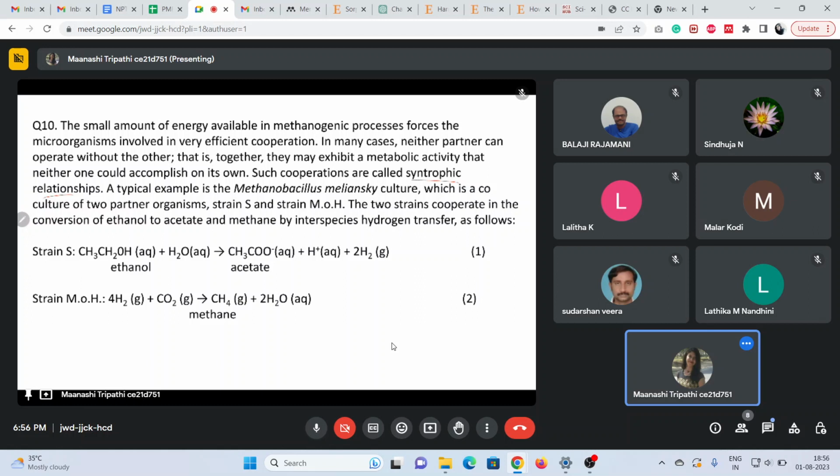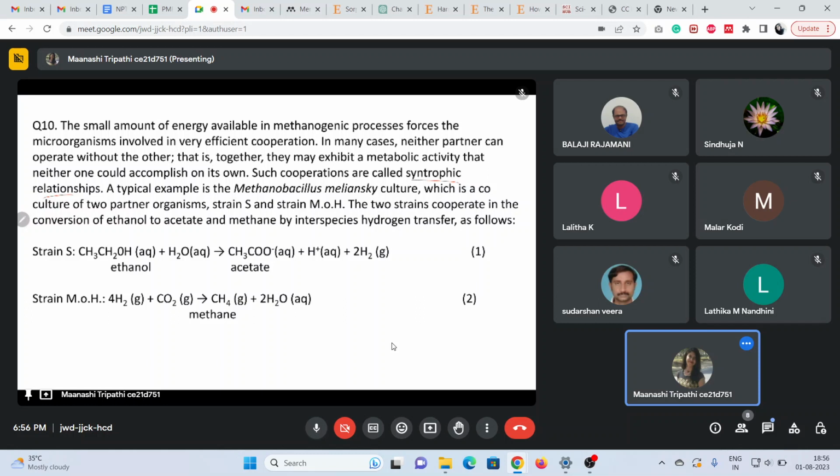The critical point in this syntrophic cooperation is that the reaction that strain S, the first reaction, is catalyzing is only an exergonic reaction, meaning negative ΔG, if the H2 partial pressure or the H2 concentration is low enough.